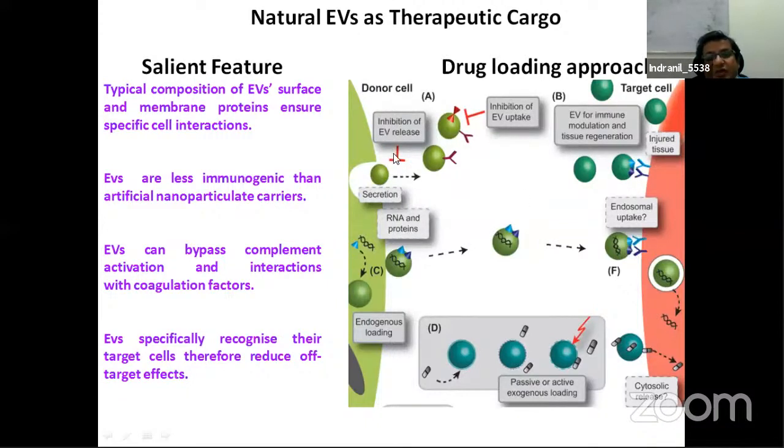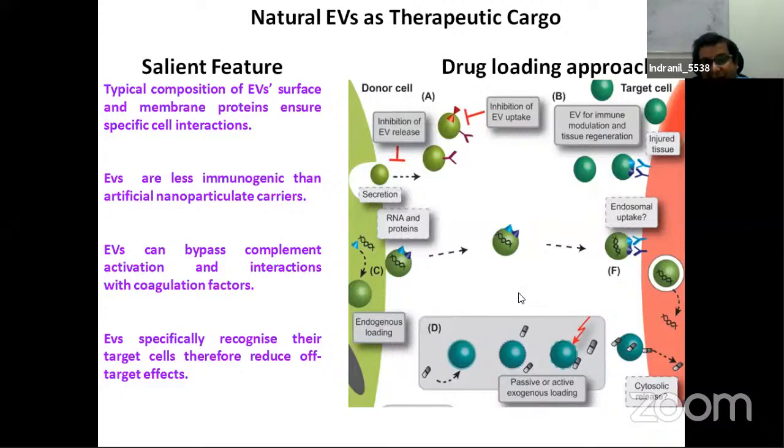The same is true for any kind of membrane protein; the membrane protein can be bound with this and delivered. It is endogenous because you are loading your molecule of interest, a drug, therapeutic molecules, nucleotides, whatever, at the beginning, where these particles are being synthesized.